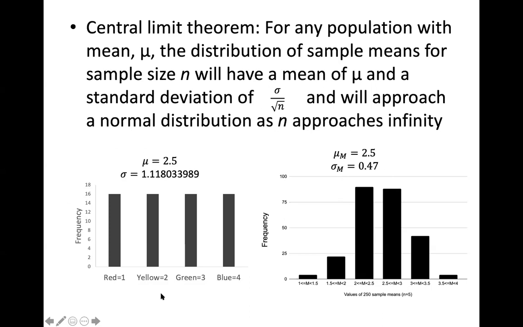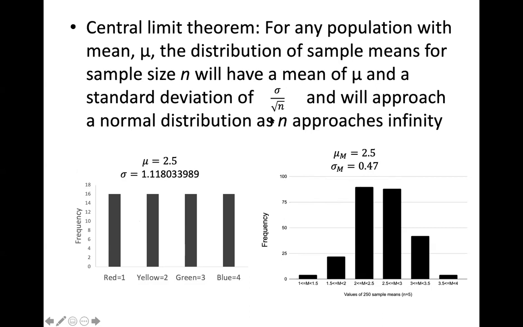I actually did calculate the standard deviation of our distribution of sample means, but the central limit theorem is a prediction. It says if you have a population and you make a distribution of sample means with some sample size like 5, the standard deviation of that distribution of sample means is going to be this calculation right here.